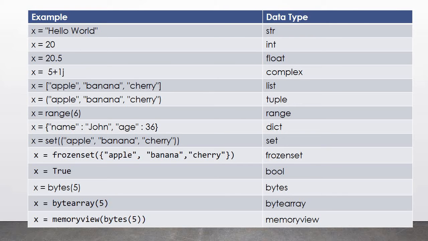Here are some of the data types with examples. x is equal to, within double quotes, hello world, which is a string type.